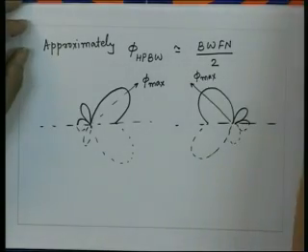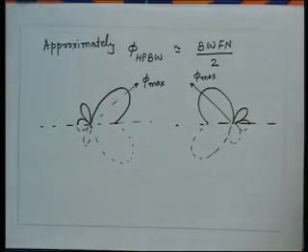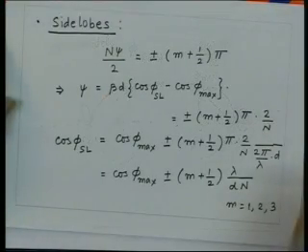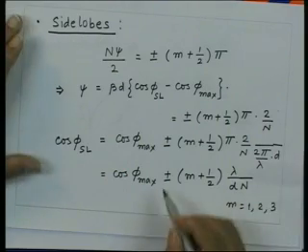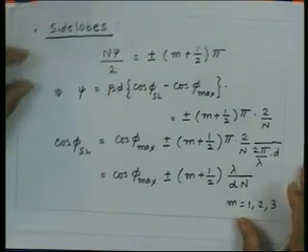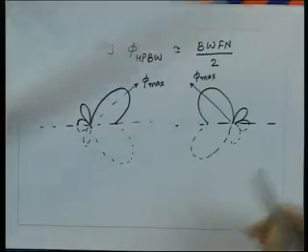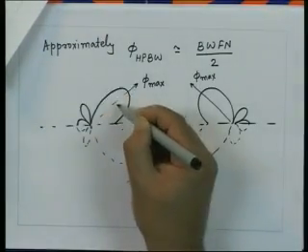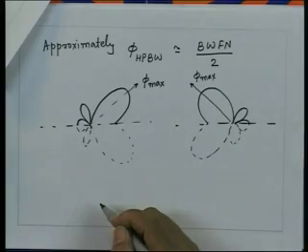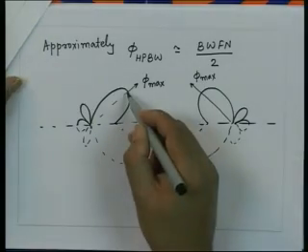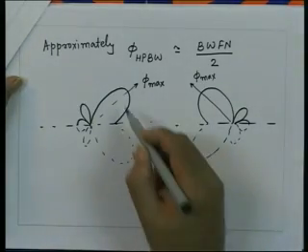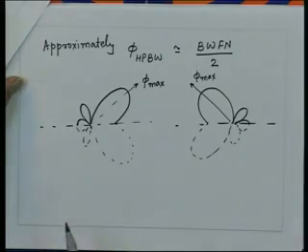Now if I look at the expression for the nulls which we have got from here, we get this quantity plus minus. If I take the plus sign here, it represents the nulls which are on this side of the main beam, whereas if I take the negative sign, that would correspond to the nulls which are on this side of the main beam.